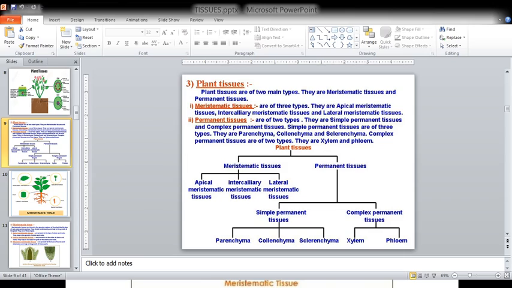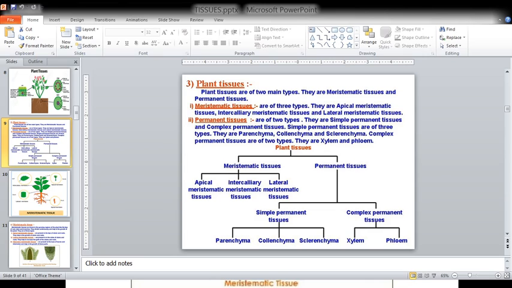These tissues have cells which are rapidly dividing. Maybe you have heard the word cell division. In cell theory, we have learned that a cell divides into multiple cells. Correct? So those rapidly dividing cells are present in the meristematic tissues.